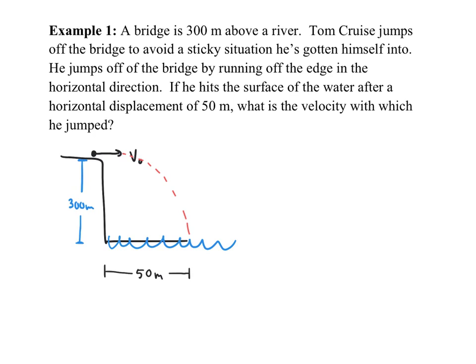So, for all horizontally fired projectiles, this is your diagram. Again, for all horizontally fired projectiles, you can use this diagram. And we model all of our problems this way, that are horizontally fired.